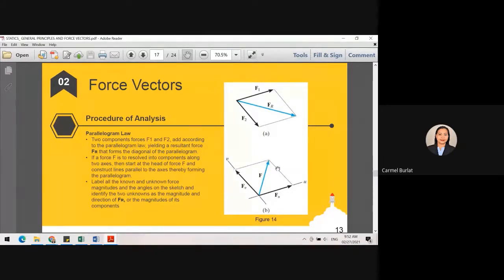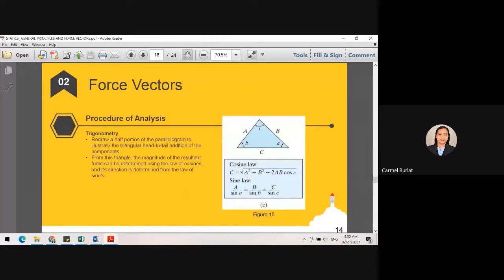And your F is the diagonal nga nasa inside the parallelogram. Okay? And this F here is the FR, or the resultant. Label all the known and unknown force, magnitude, and the angles on the sketch and identify the two unknowns as the magnitude and direction of FR, or the magnitudes of its components. So you have your FR, or you have your components FV and FU.